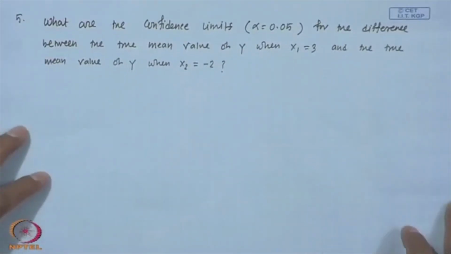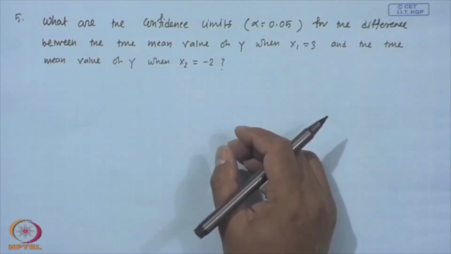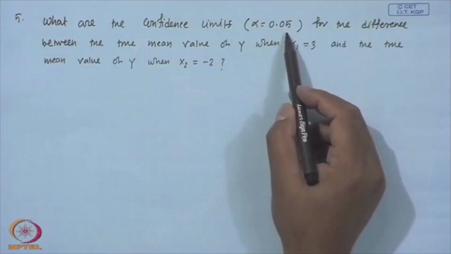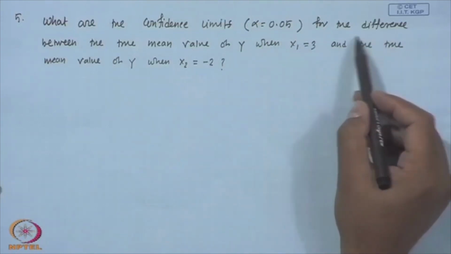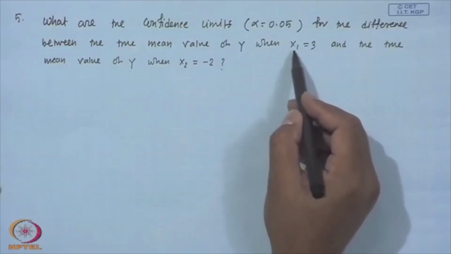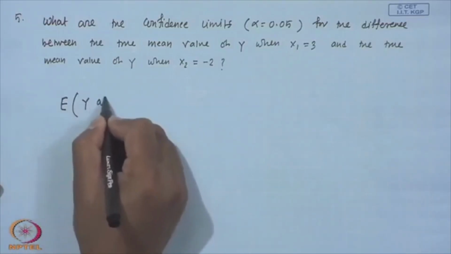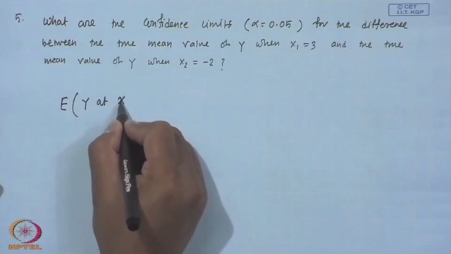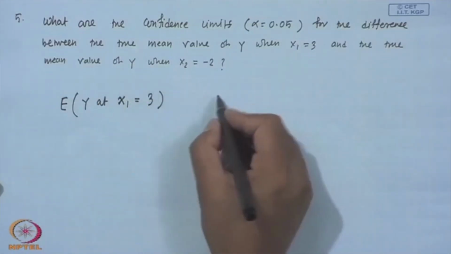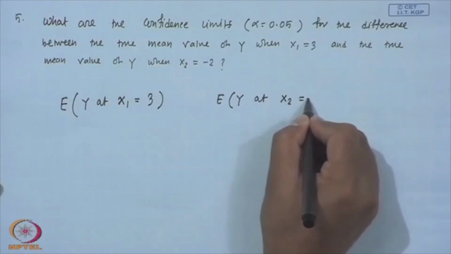Now, this one we did not try before. What it says is: what are the confidence limits at the 0.05 level of significance for the difference between the true mean value of y when x 1 equals 3, that is, the mean value of y at x 1 equal to 3, and the mean value of y, that is E y, at say x 2 equal to minus 2.